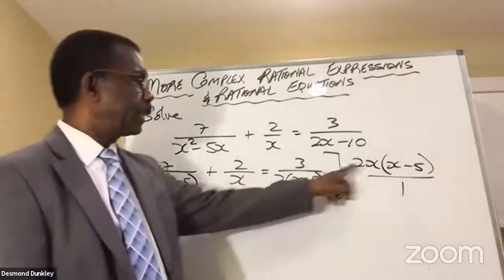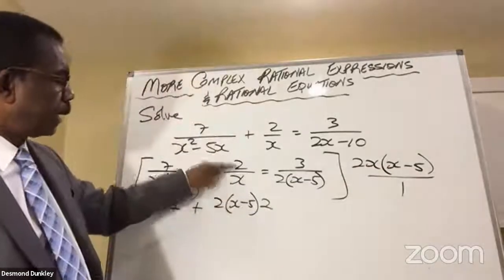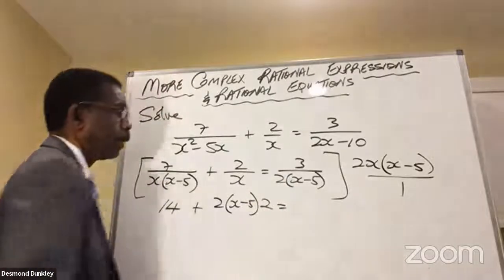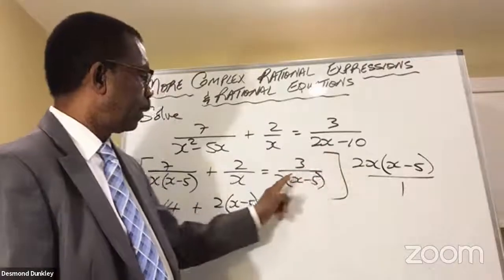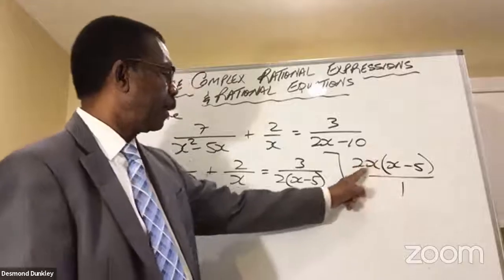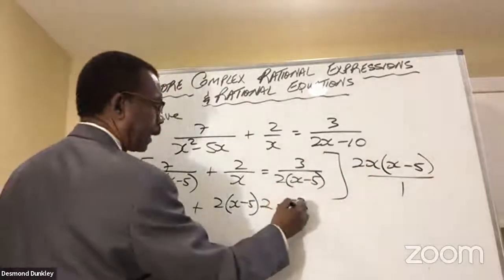And over here, when I multiply this times this, the 2 cancels the 2, the x minus 5 cancels the x minus 5, you're left with x times 3, and that gives me 3x.